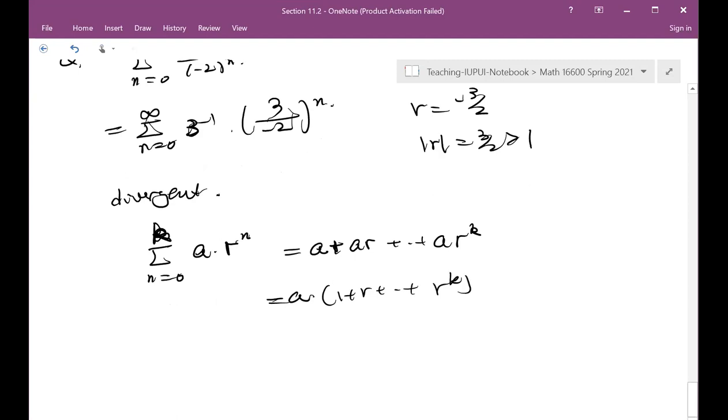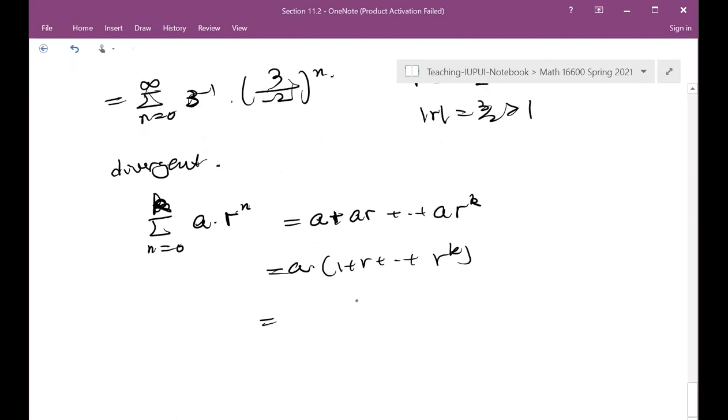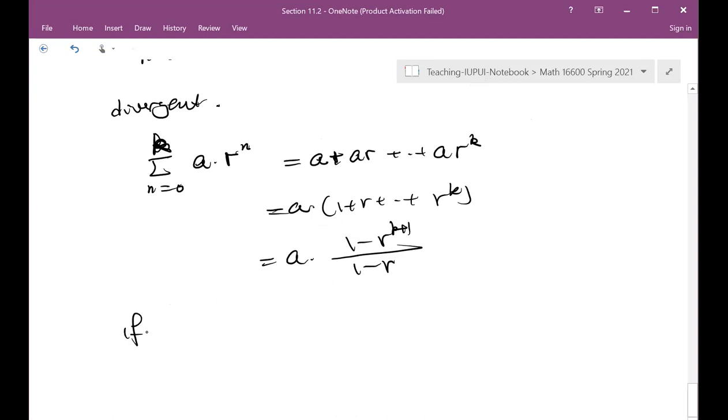So you can combine them. The problem is that if the absolute value of r is greater than 1, then the limit as k approaches infinity of the absolute value of r to the power k plus 1 is actually infinity.